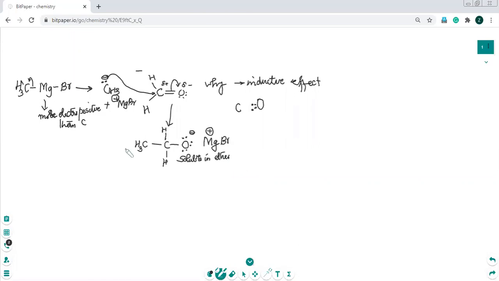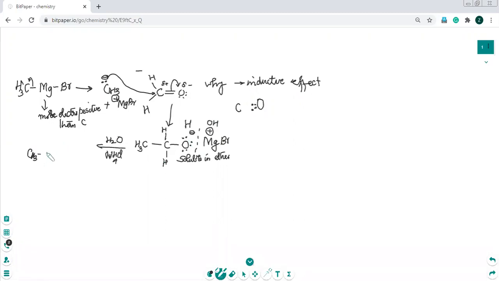Now when you add water and a little ammonium chloride or HCl, this will get hydrolyzed. H will come here, so this will be protonated, and OH will come here. This is the reaction. This is the Grignard reaction.